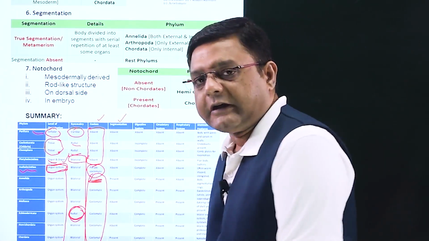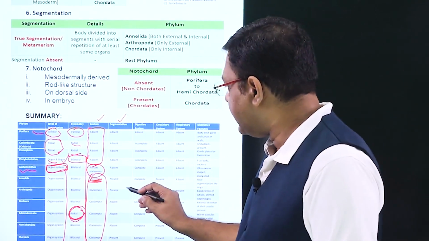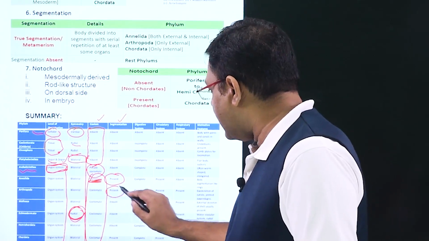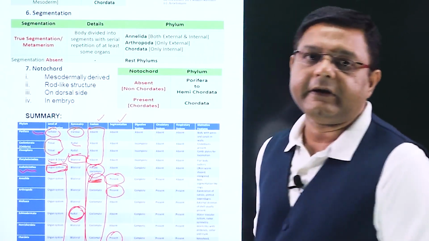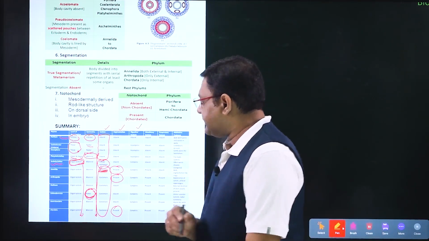After this, moving to segmentation, there were only three phyla which had true segmentation or metamerism. The first phylum was Annelida, the second was Arthropoda, and the third was Chordata, and in all the remaining phyla it was absent.